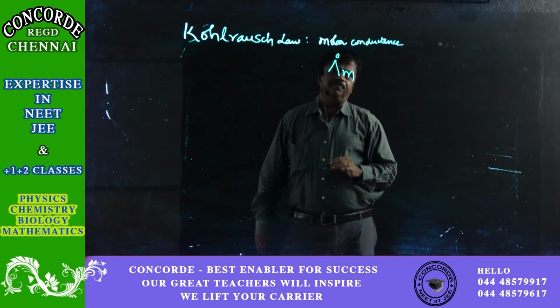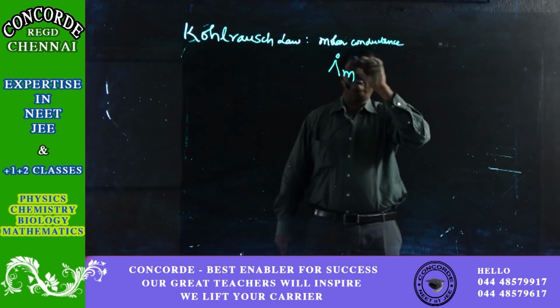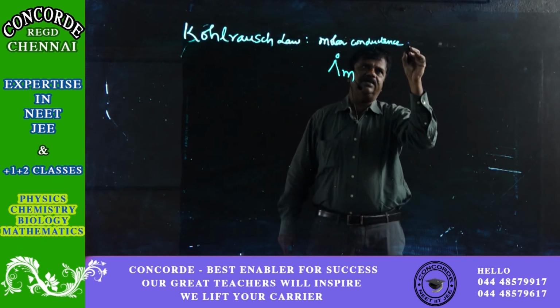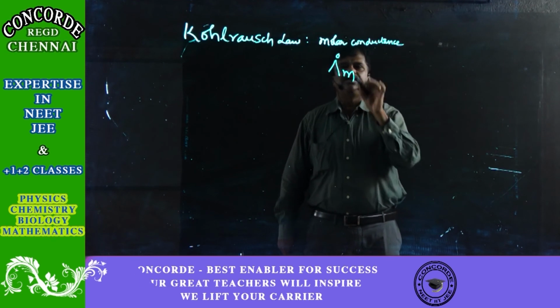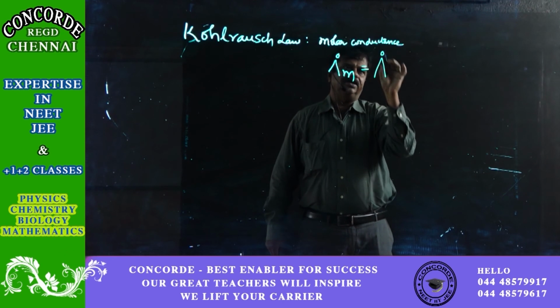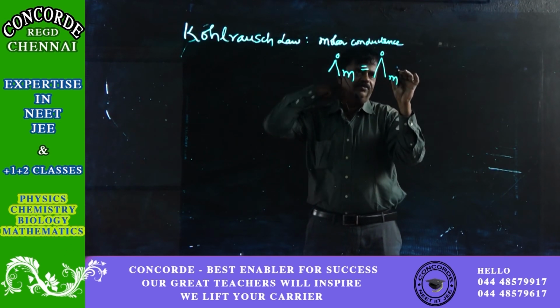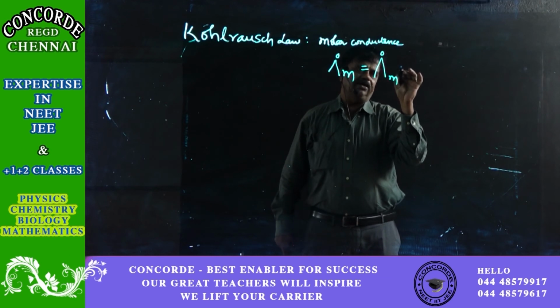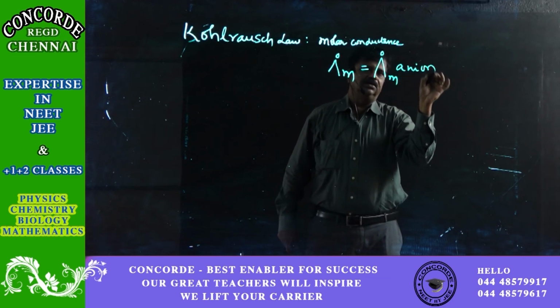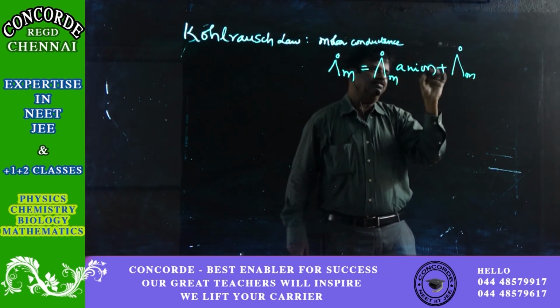So lambda m at infinite dilution is made up of the sum total of the molar conductance at infinite dilution of the anion plus the molar conductance at infinite dilution of the cation.